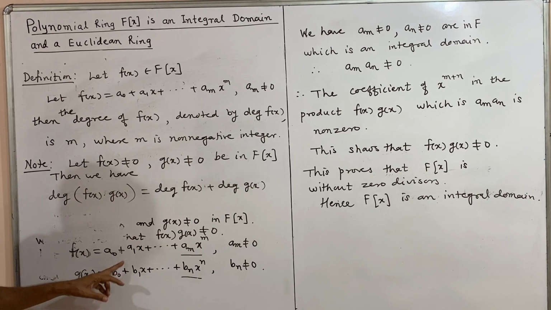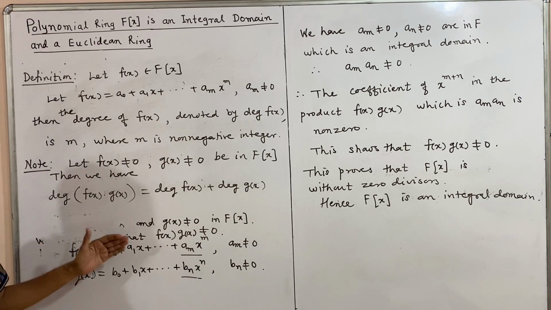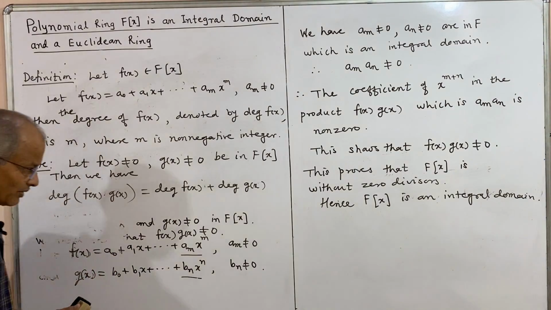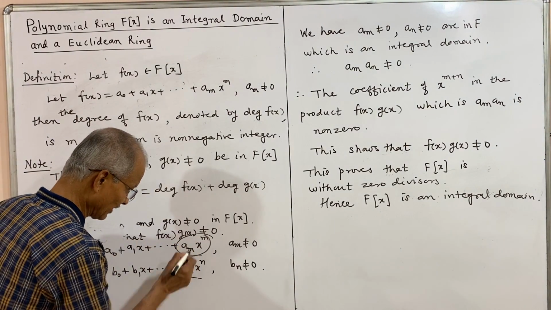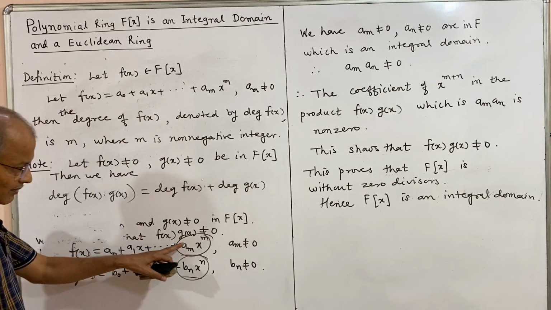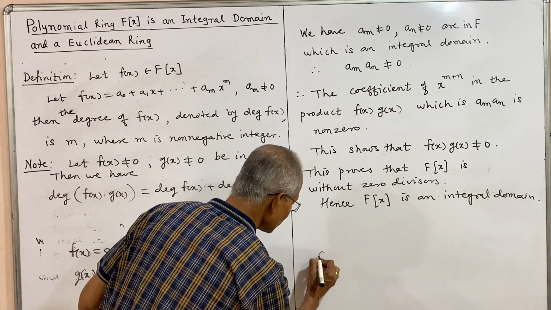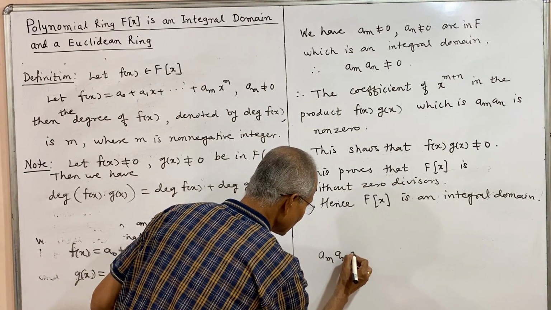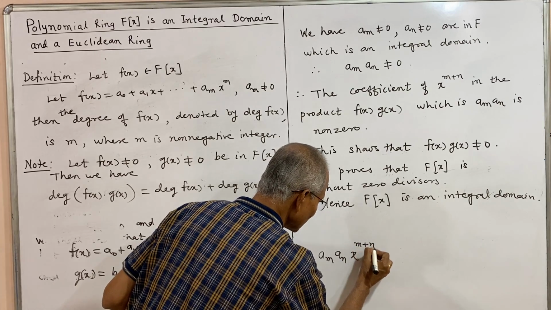In this product, the highest power term of x will be obtained by multiplying these two elements, and the product of these two elements is a_m into b_n x power m plus n.